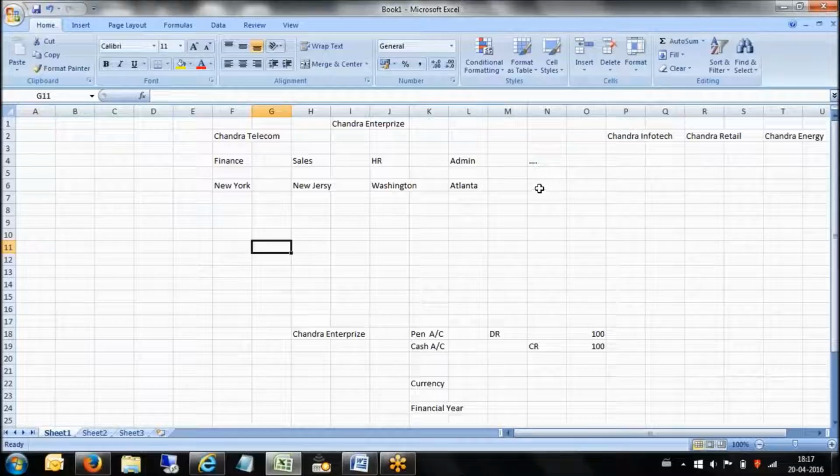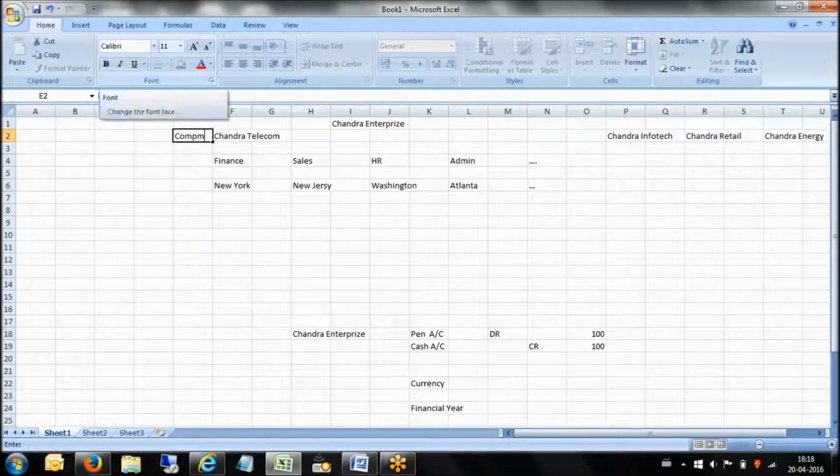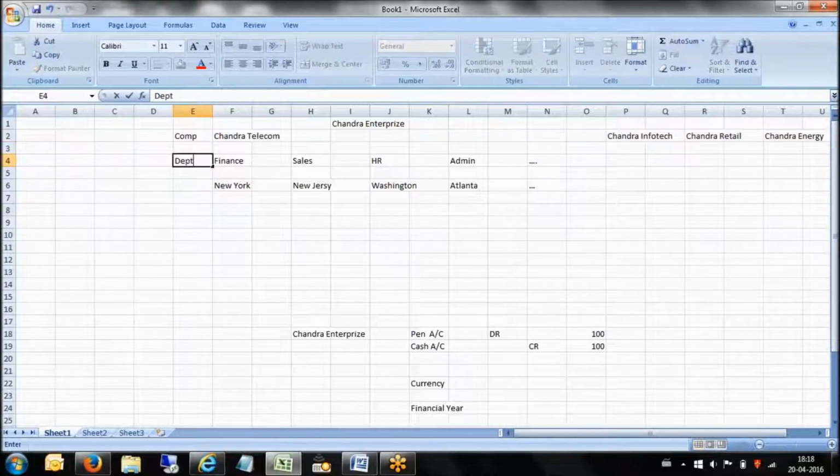Under this company and so on, there may be any number of departments. So what is this? This is my company. This is department. This is location.